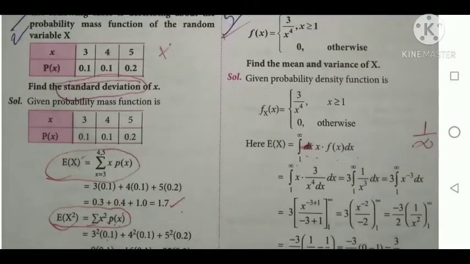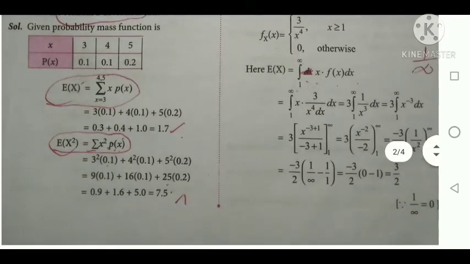Then 4 square into 0.1. Then 5 square into 0.2. After squaring, you multiply by the p of x values. Then we are getting the answer 7.5 as E of x square. So we know E of x equal to 1.7 and E of x square equal to 7.5.